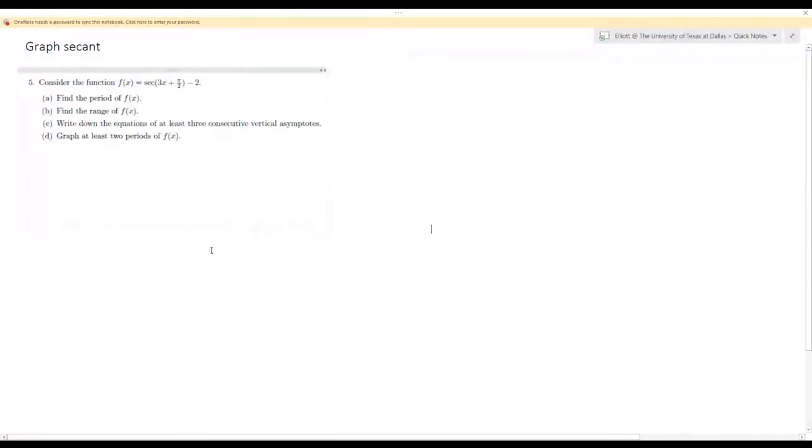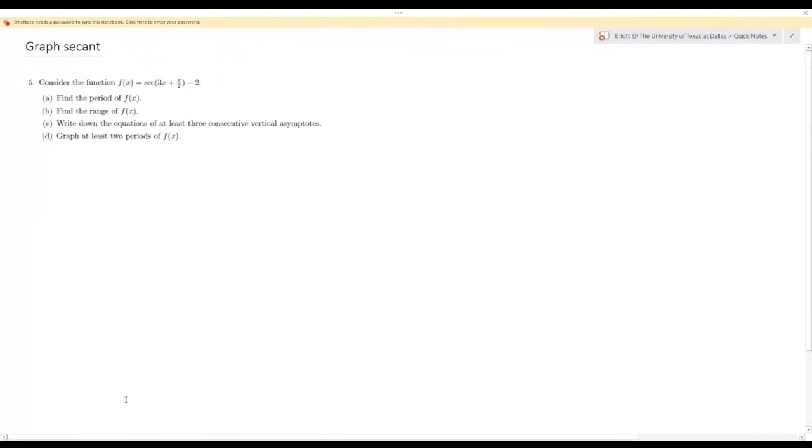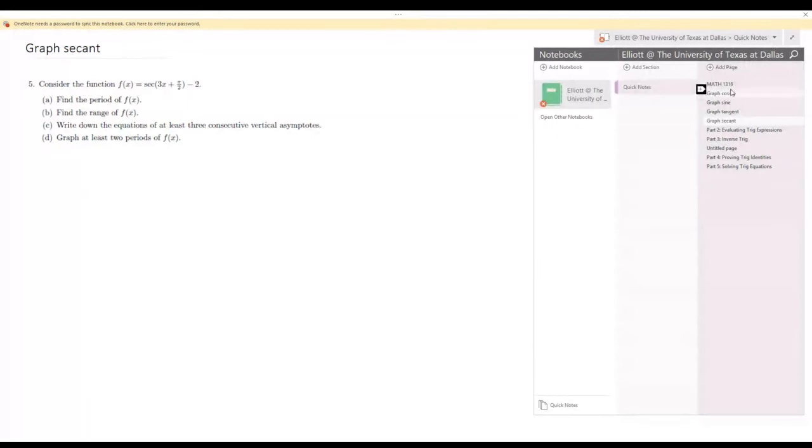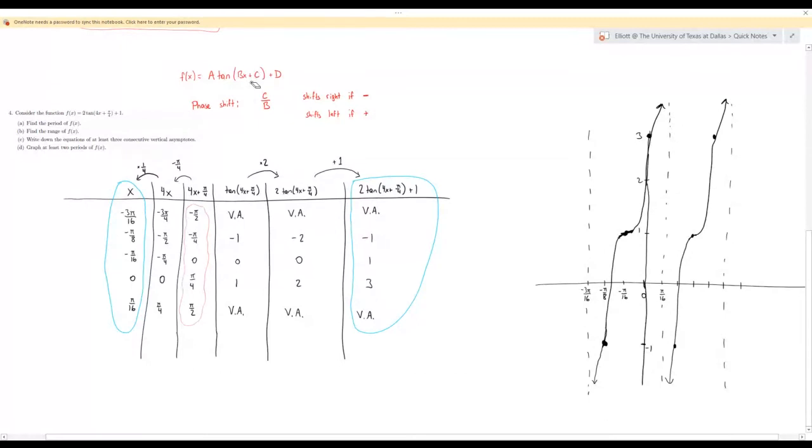Oh, what was that? Yeah, so I think it looks like you guys use the notation bx minus c. That doesn't make a big difference in the end though, whether it's plus or minus. Okay. The phase shift will still be c over b.